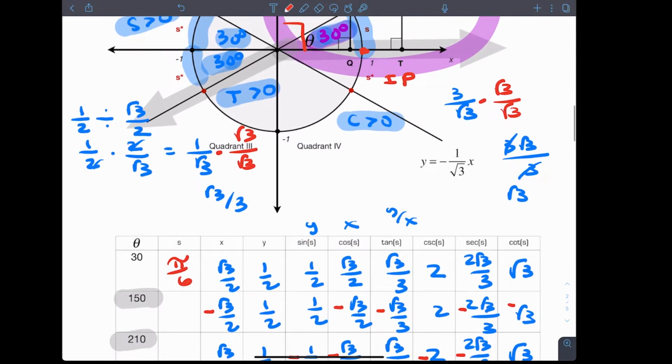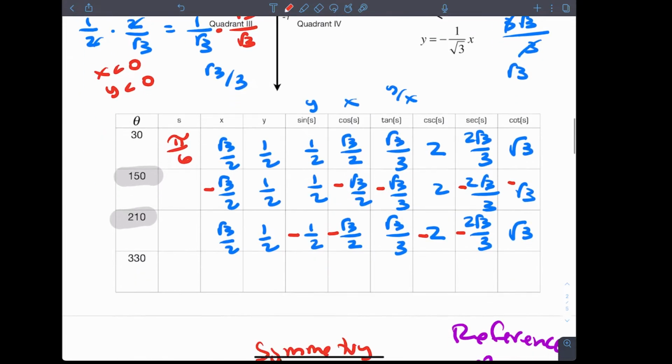Oh, in quadrant 3, X is negative. Y is what? Negative. Every point. So negative, negative. Okay, you guys see what I'm saying? It's a pretty simple process if you know quadrant 1, geometry. Quadrant 1 is your point of reference. This is how I think about it in my mind always. Quadrant 1 is your point of reference.